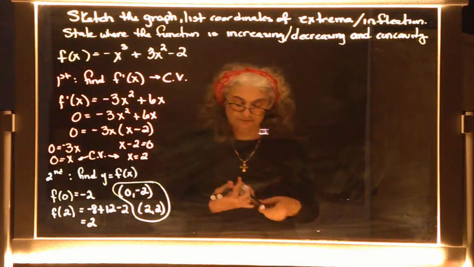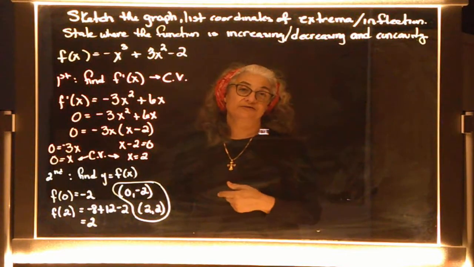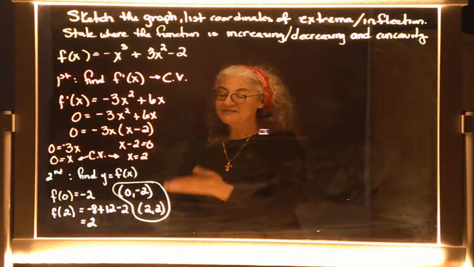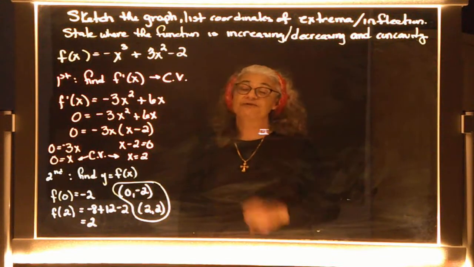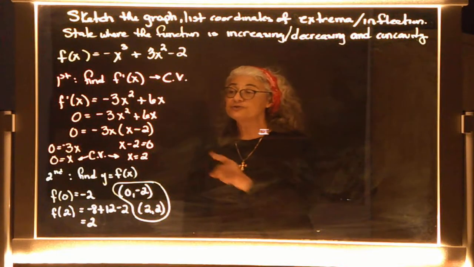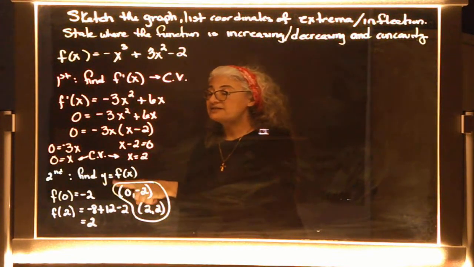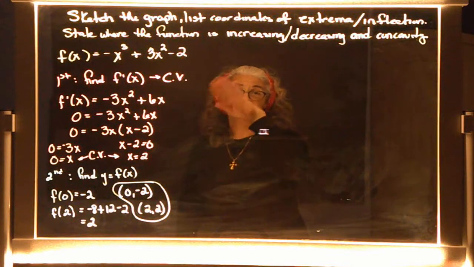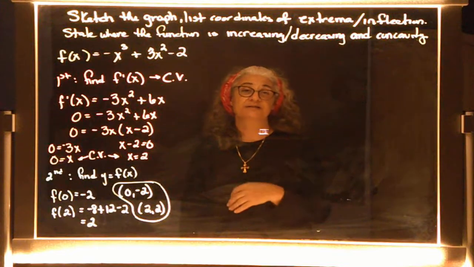Cool. Okay, got it. And now what do I have to determine? Yeah, I've got to determine if those are relative extremas. Now I have a couple of different options to do that, don't I? I can still use my first derivative and plug these x's in and see where it's increasing and decreasing on either side of those critical values, can't I?